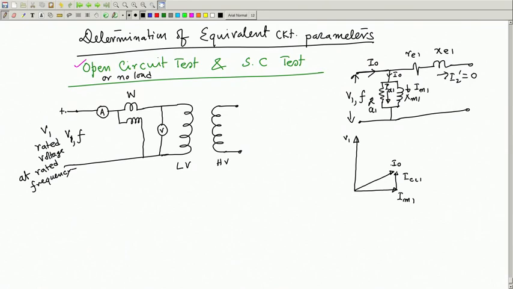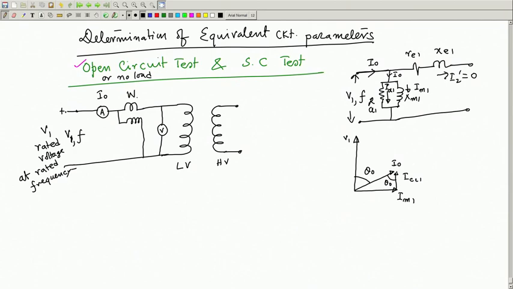Your ammeter is going to read I naught, and this is called the no load power factor angle, theta naught. Theta naught will be 90 degree in an ideal transformer, but it cannot be because it is a practical transformer having core losses.